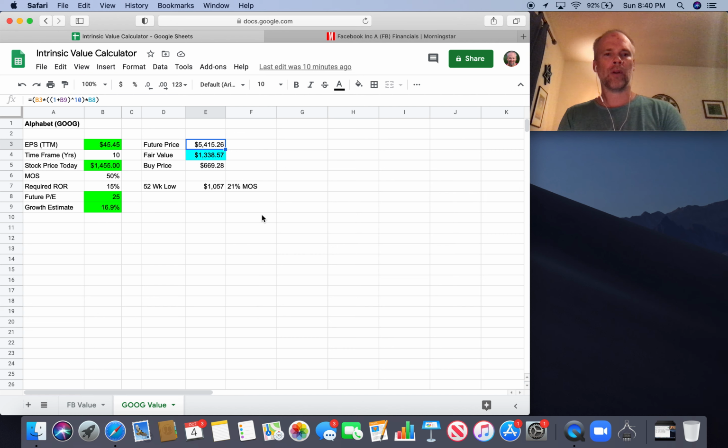We get a future price here, discount back at 15%, and we get a fair value for Google of approximately $1,338.50. That gives a buy price with a 50% margin of safety of around $670. Now, Google in the last year hasn't gotten close to that 50% margin of safety.